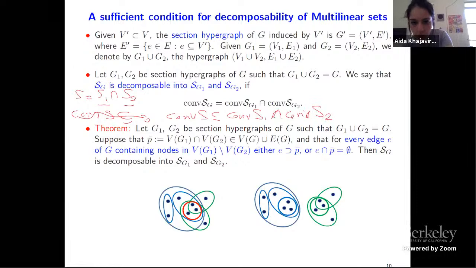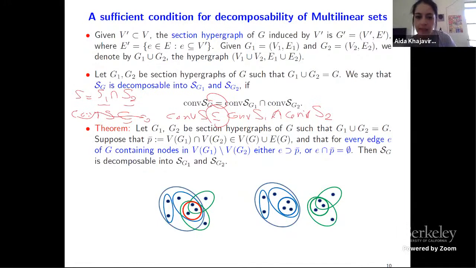This is always true. Now, when equality holds, that would be a very desirable property. Why? Because then, instead of looking at S, I can just look at S1 and S2, and hopefully they're simpler. So if the equality holds, we say that this set SG is decomposable to SG1 and SG2.